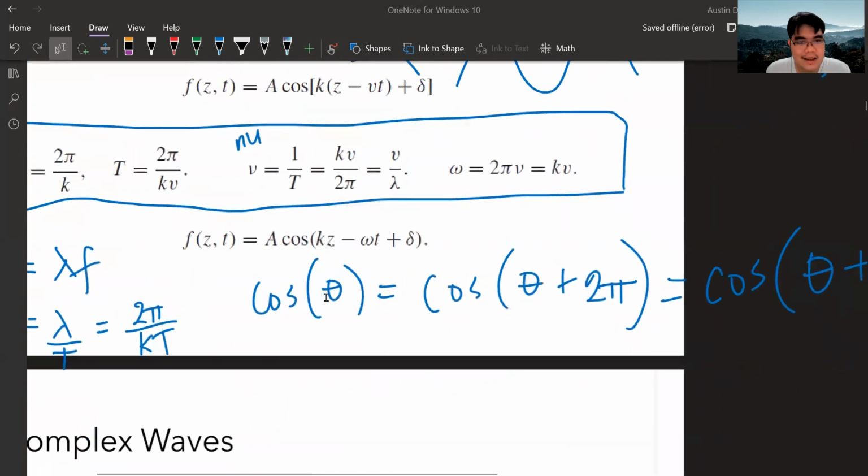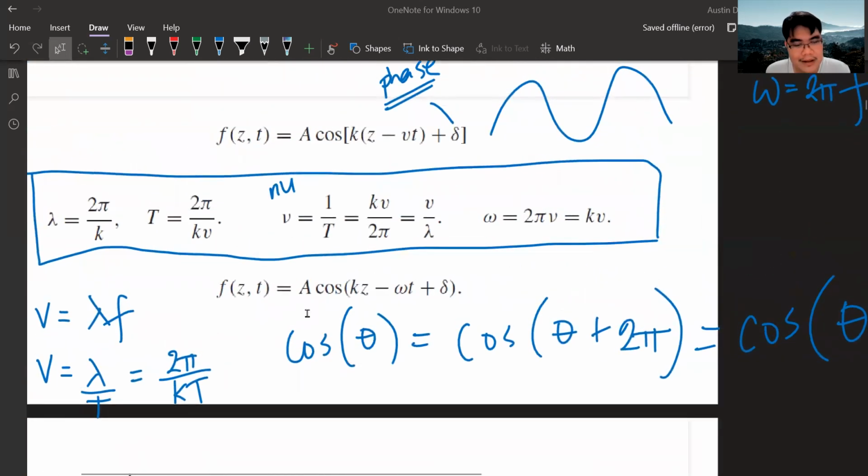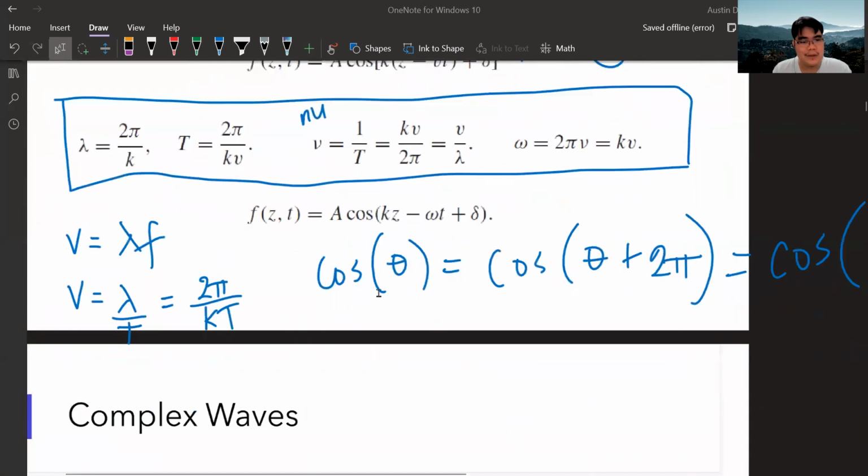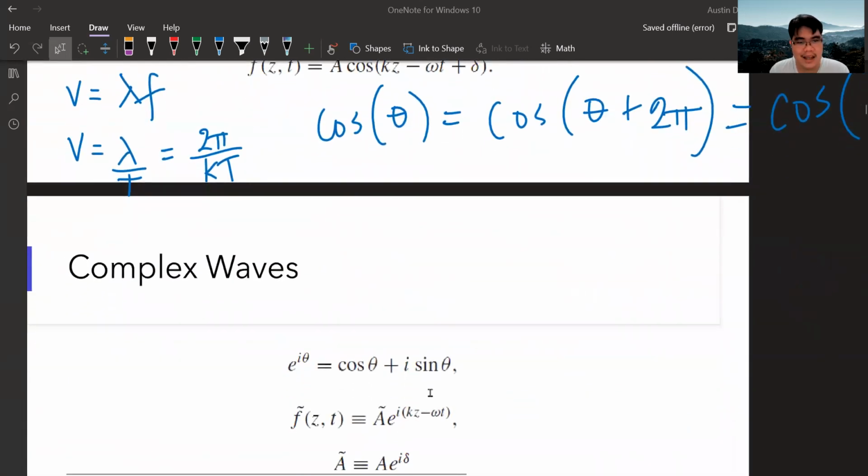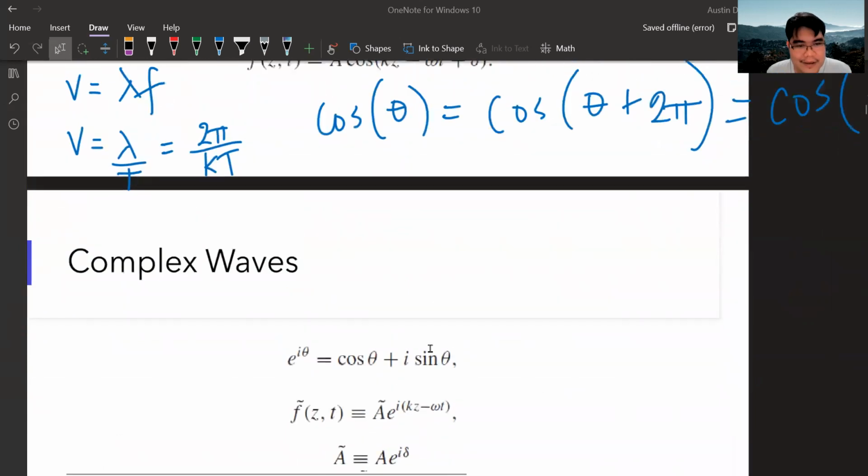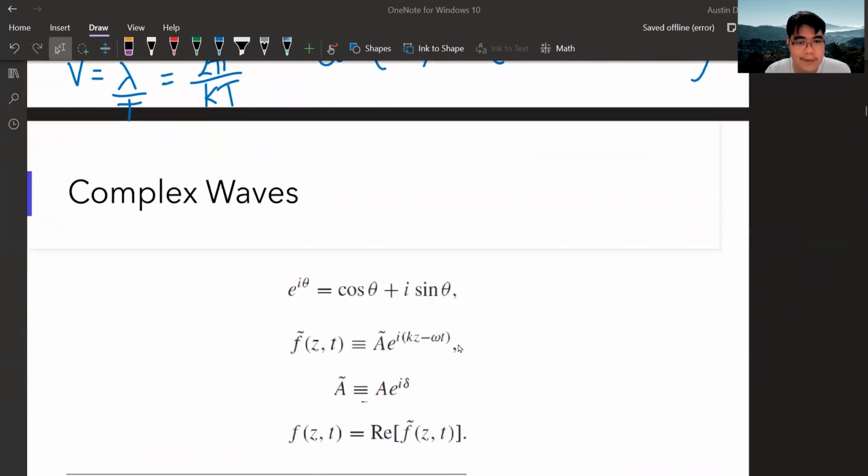Now, ayaw natin ng mahirap mag-derivative ng cosine. Mamaya magiging tangent pa yan, etc., pag dumami yung mga terms. So now we discuss complex waves dahil mas madali itong complex waves. Okay? So we recall Euler's formula.